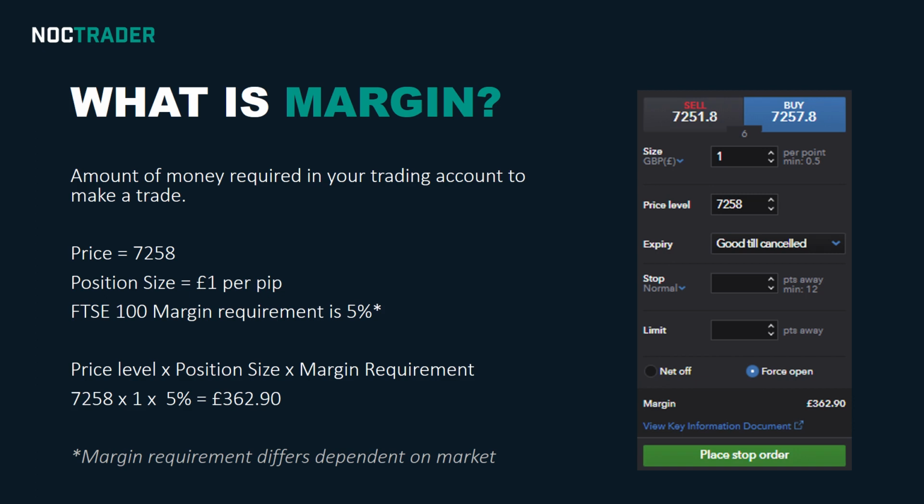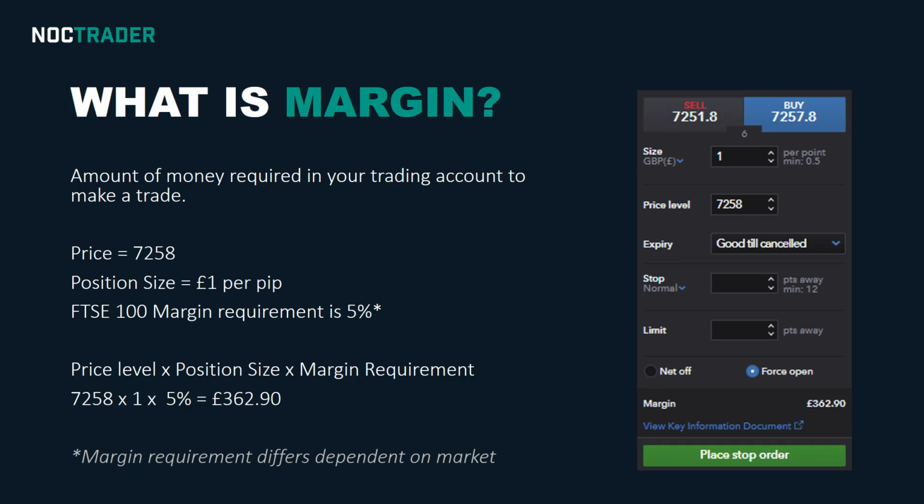So you take the 7258, which is the current price, times the position size, which is the £1 per pip, and you times it by the margin requirement, which is 5%, which will give you 362.90. So £362.90 is what you need in your account as a minimum to take a position of £1 per pip at the price of 7258, given that the FTSE 100 requires 5% margin.